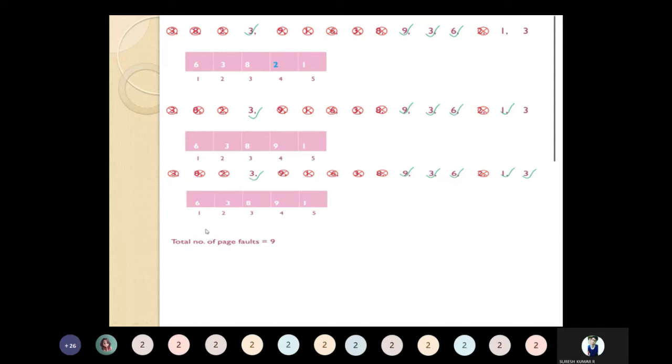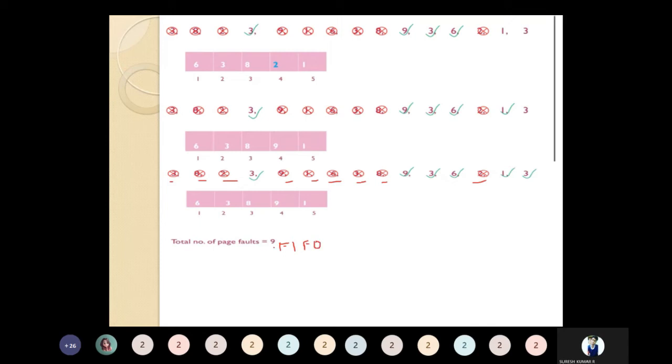So here we have 1, 2, 3, 4, 5, 6, 7, 8, 9 pages in the page fault column. That is, we have to replace or enter in the initial term. That's why the number of page faults is 9. This is for FIFO. So FIFO page fault is 9.